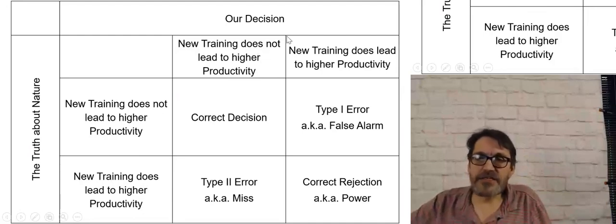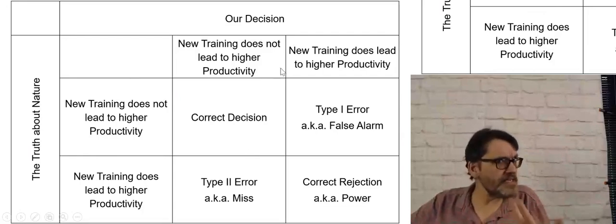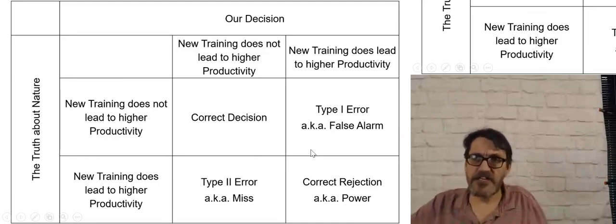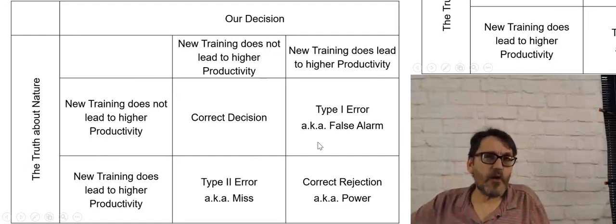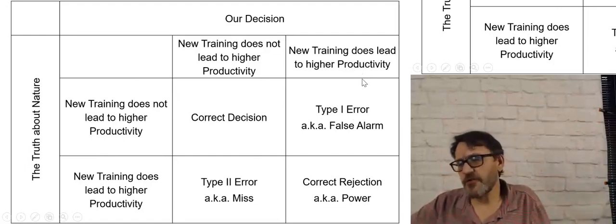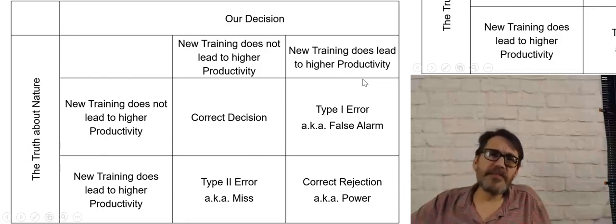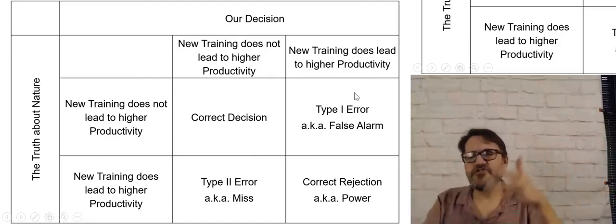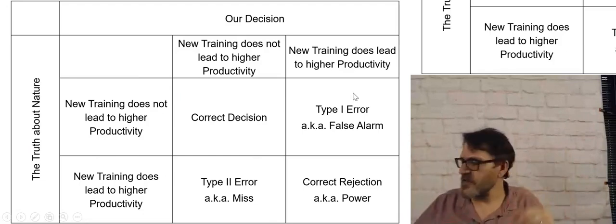As you can see here, there's a variety of different outcomes that can occur based on the truth of the world combined with our decision. It's quite interesting, and you'll learn more about it in your statistics and research methodology class, that there are these multiple consequences that have costs, and it's quite an interesting chore to balance these different outcomes.